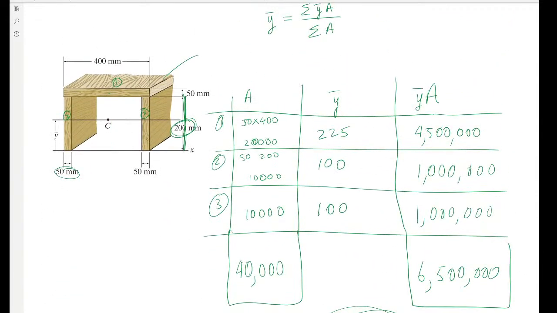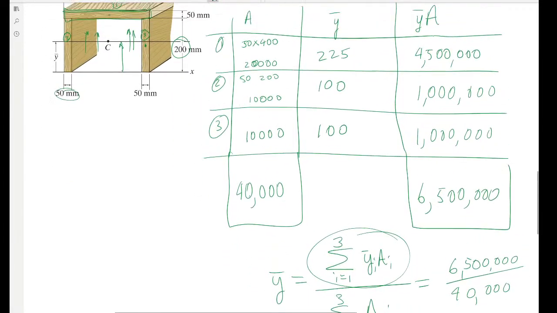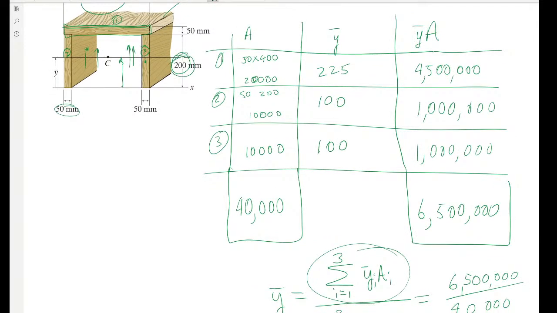And this is something you should think about. It's at least 100 to the center here. Since this is fairly significant, 400 versus 200, it'll draw that centroid up towards it. So it is greater than 100, but not greater than 200.